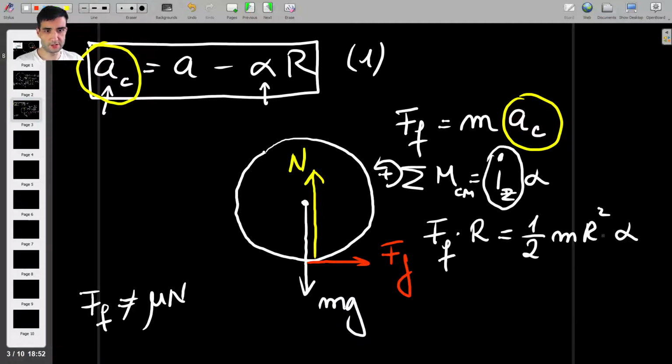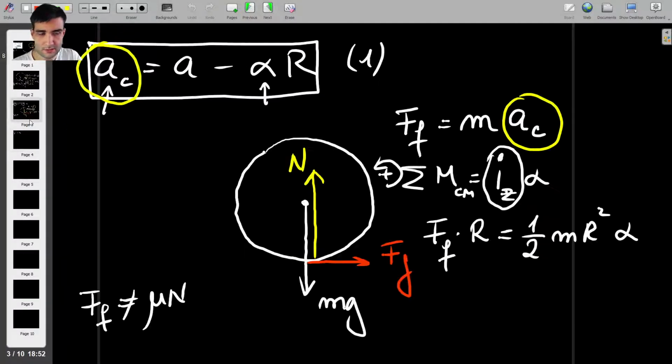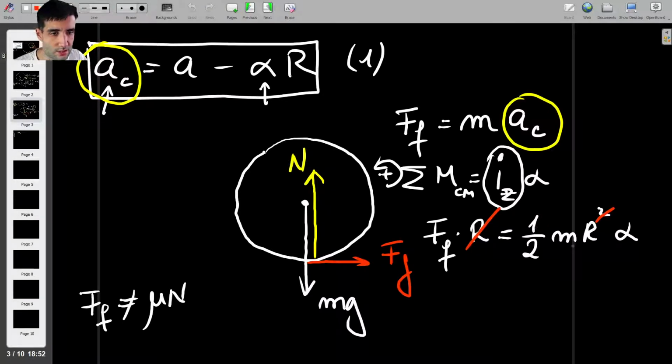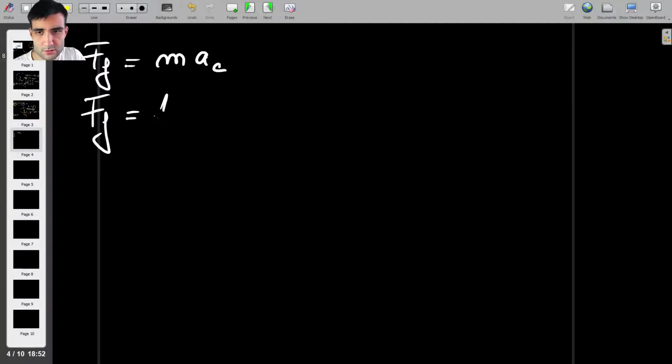So we've got three equations here. The first one tells us that friction is equal to mass multiplied by AC. And the other one, we can actually simplify one R here. And this equation tells us that Ff, the friction, is equal to 1/2 mr alpha.